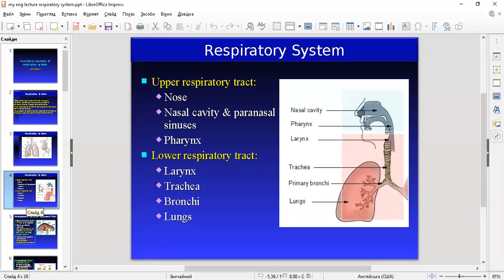Upper respiratory tract consists of nose, nasal cavity, paranasal sinus, pharynx, and lower respiratory tract consists of larynx, trachea, bronchi, and lungs.